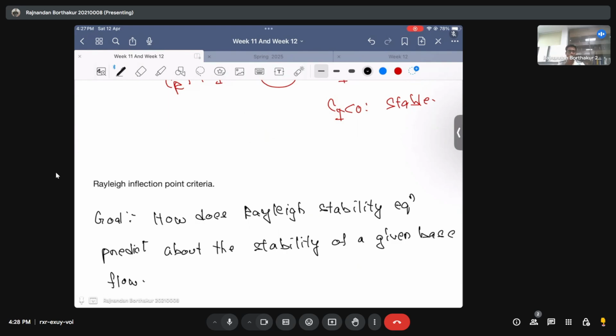And one of the criteria which answers this, which uses the Rayleigh stability equation, is the inflection point criteria, which can be proved from the Rayleigh stability equation.